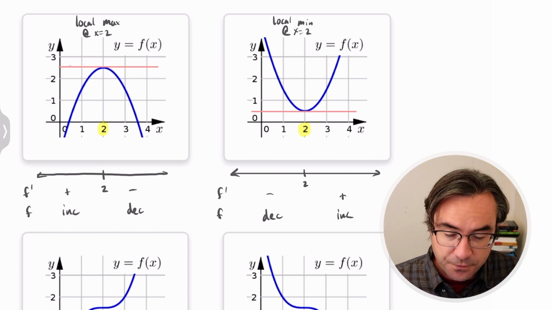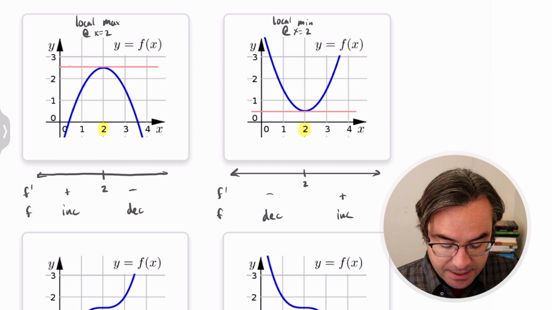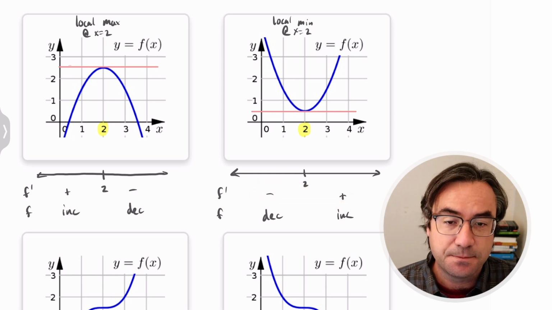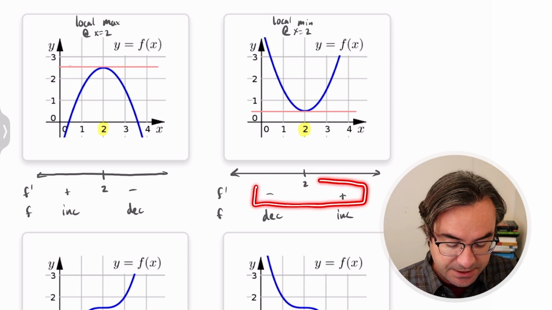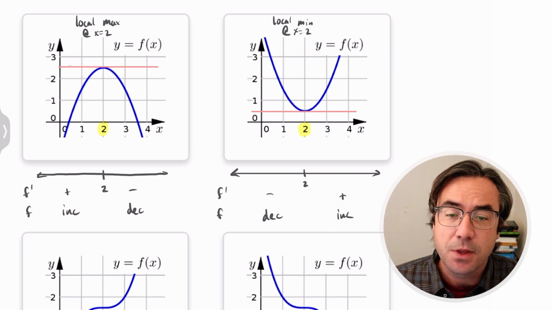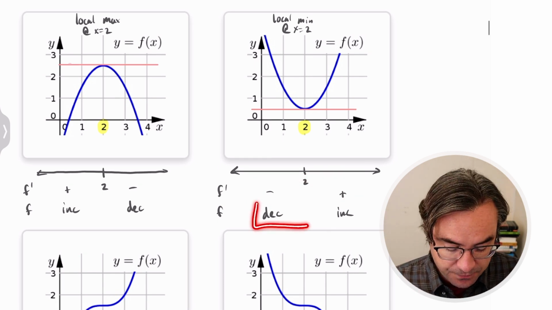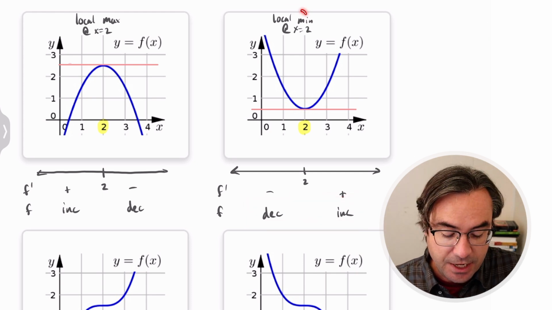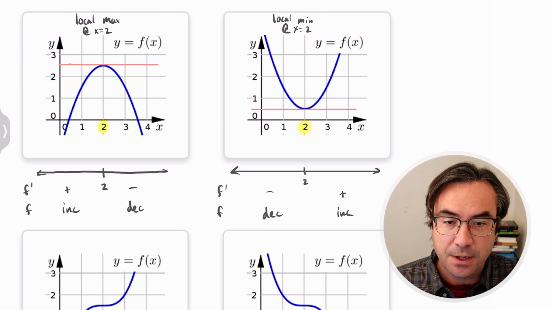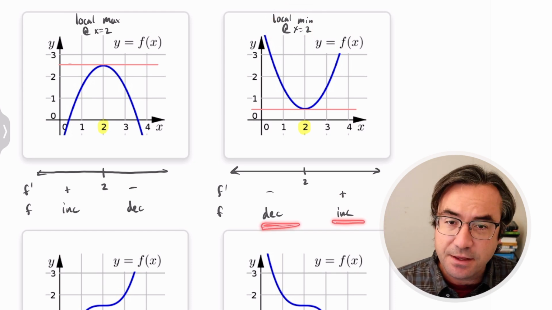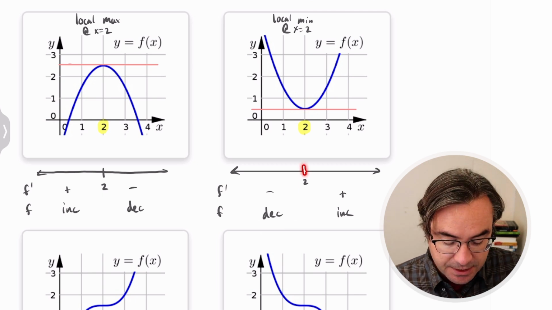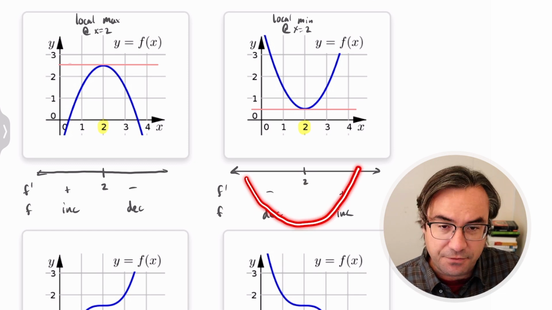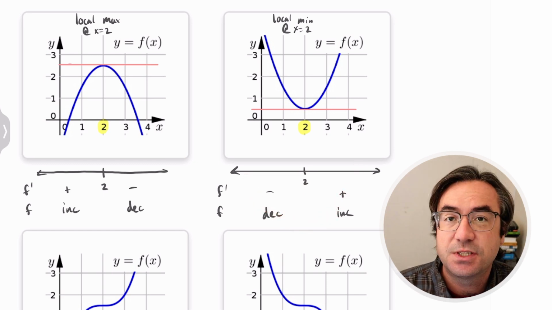And so what the first derivative test says is when f prime switches signs like this from minus to positive, really what's happening is your function is switching from decreasing to increasing, and you end up with a local min. So when you do the sign chart, you find the intervals of increase-decrease. To classify that critical number, we'll just draw in the graph and see what it looks like.